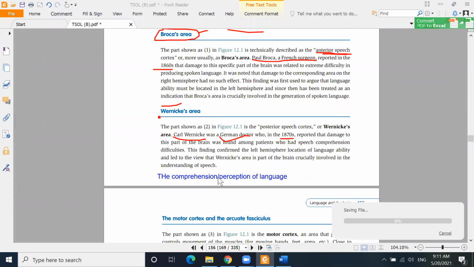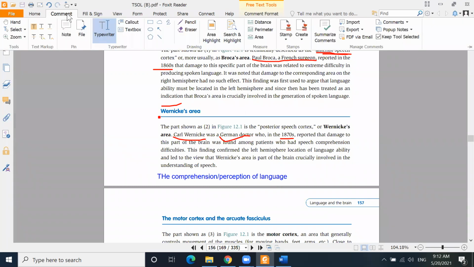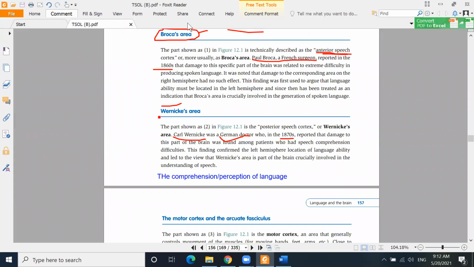If you remember phonetics, I had told you it is the study of the production, transmission, and perception of speech sounds, right? So we produce language and we perceive language, we comprehend it, we understand it. That patient whom Karl Wernicke was diagnosing had some disability in the understanding, perception, and comprehension of speech, right?